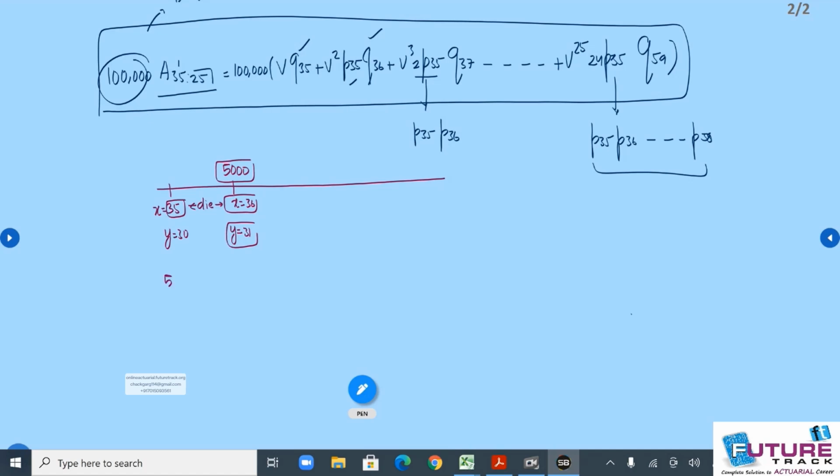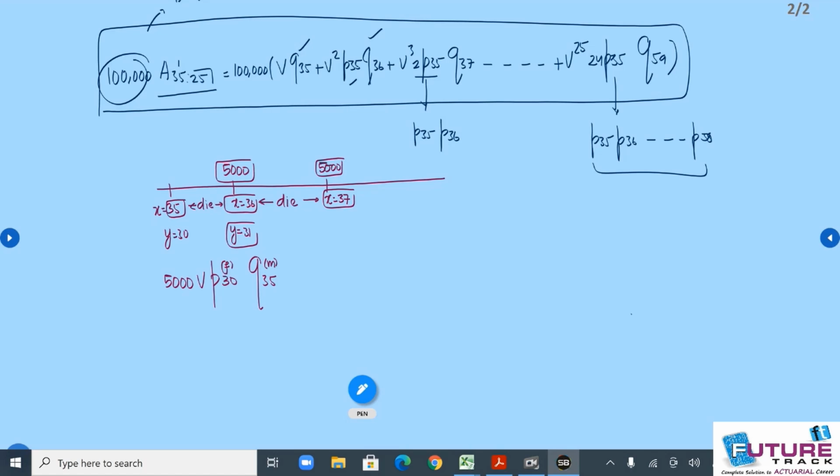So what is the present value, class? The present value is 5,000 v, p30 female. Female is alive and the male must die, q35 male. Any problem with this? So class, if x dies between 36 to 37, then the annuity starts from 37, right?